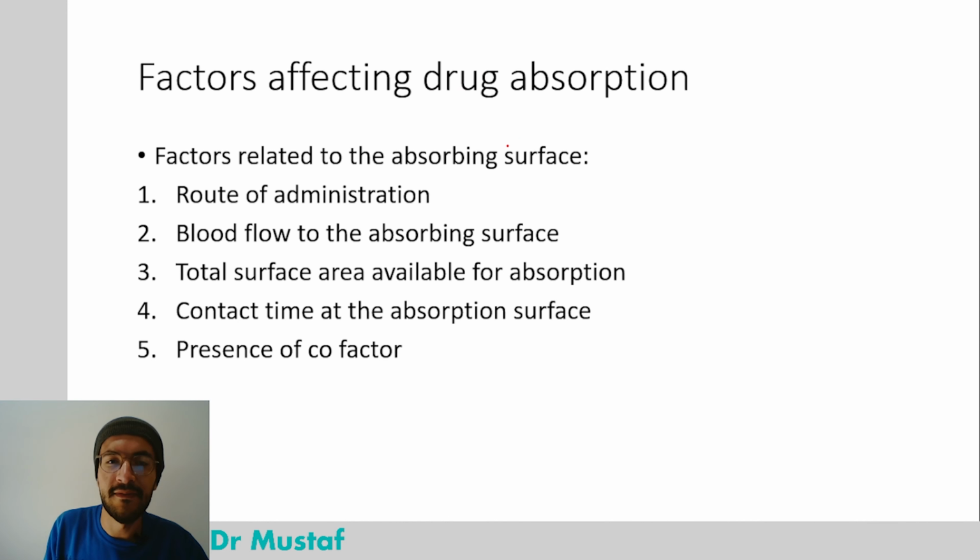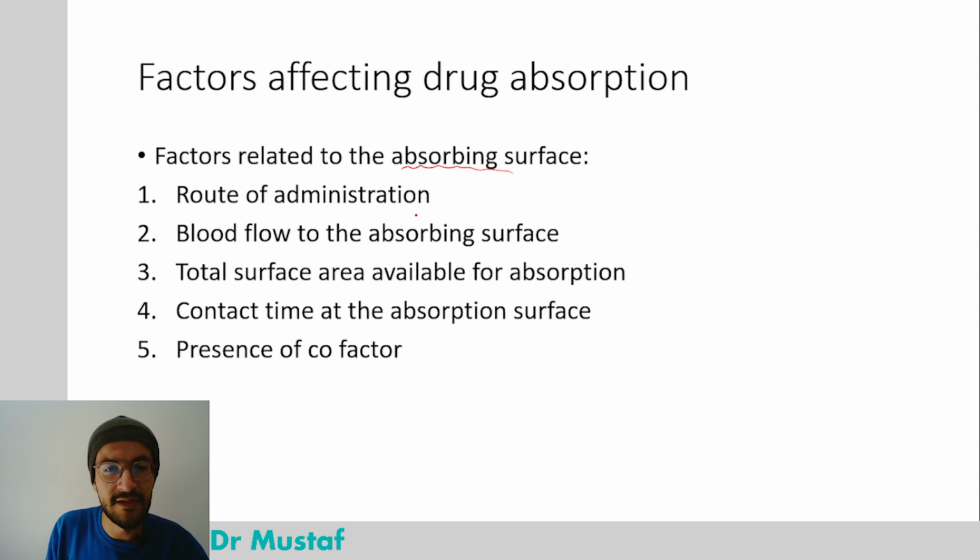Now we talk about the factors that are affecting the absorbing surface, and those include the route of administration. There are some routes that have higher absorption than the other routes.